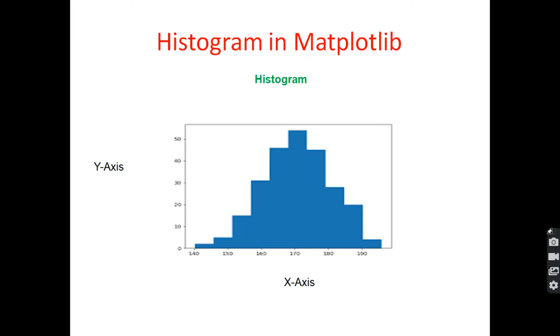To draw the histogram, we have to use a function called the hist function, H-I-S-T, hist function. By using that hist function, we can draw the histogram. Hist function is available in the PyPlot module. PyPlot module is available in the Matplotlib library.